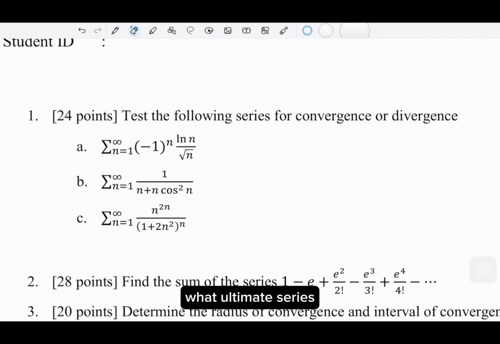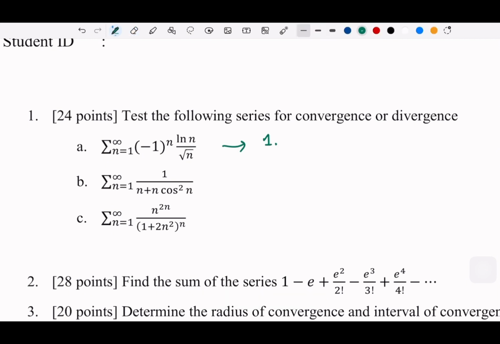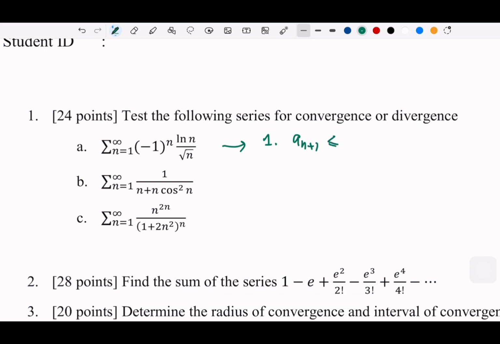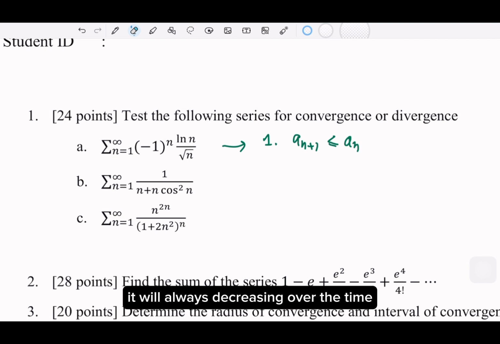What are the requirements? First, you need to know that it will always be decreasing. Over time it will always decrease.